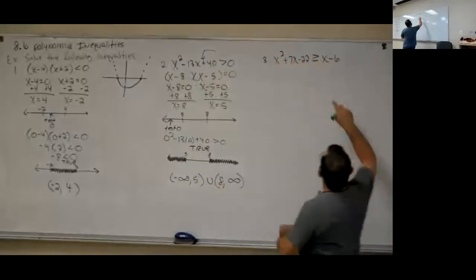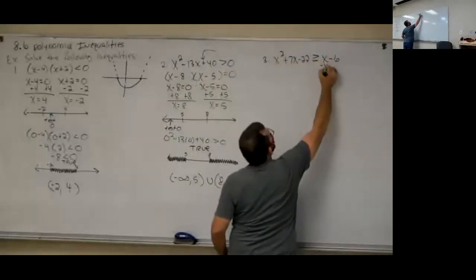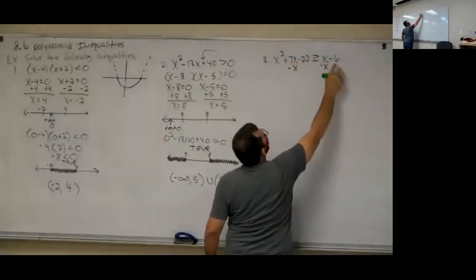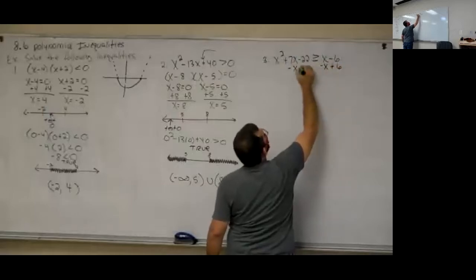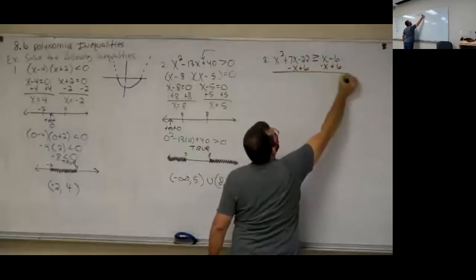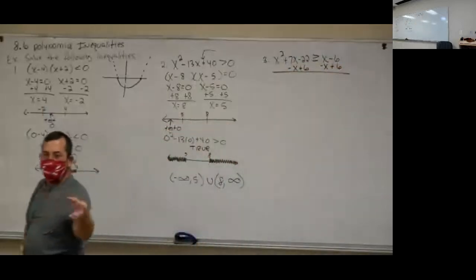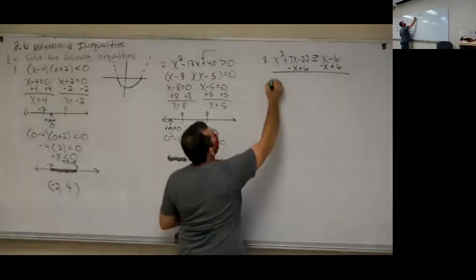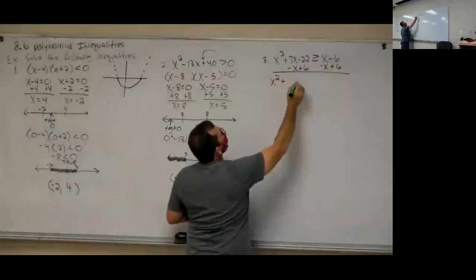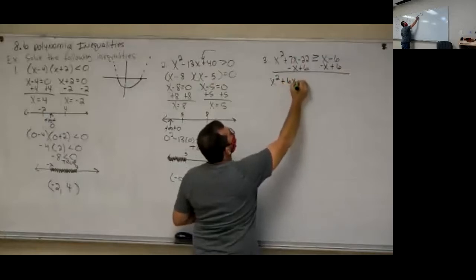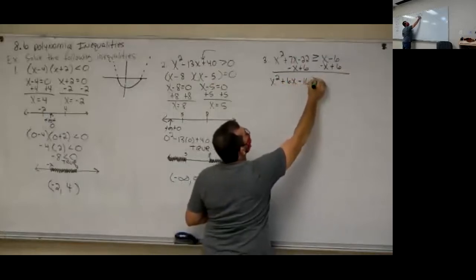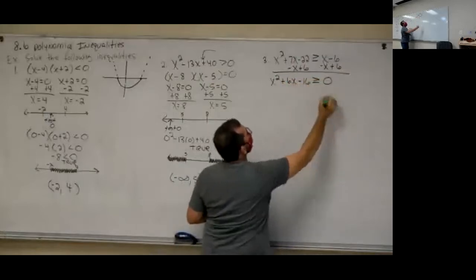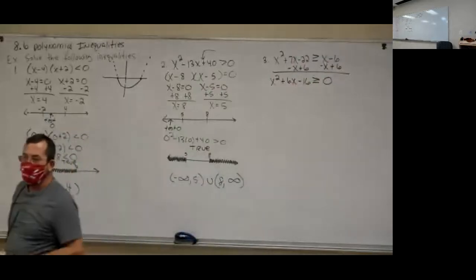So what I'm going to do is subtract the x from both sides, and add the 6 to both sides. So basically add the opposites to both sides so that we get x squared plus 6x minus 16 is greater than or equal to 0.